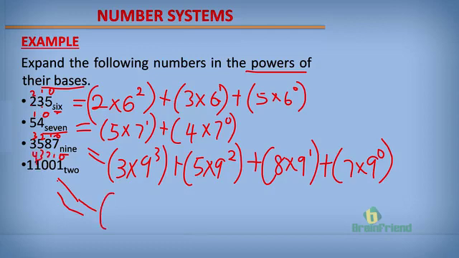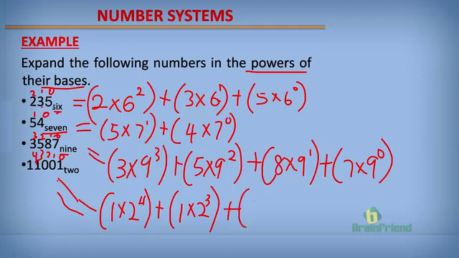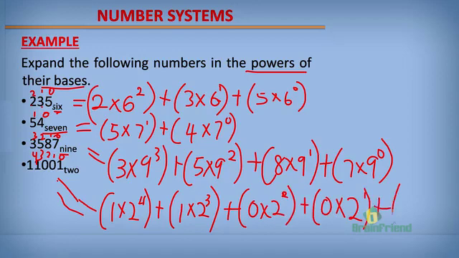So this is equal to 1 times 2 raised to the power 4 plus the second one times 2, which is its base, raised to the power 3 plus 0 times 2 raised to the power 2 plus 0 times 2 raised to the power 1, and then finally plus 1 times 2 raised to the power 0. So this is it, expanding each and every one of its numbers in the power of their bases.